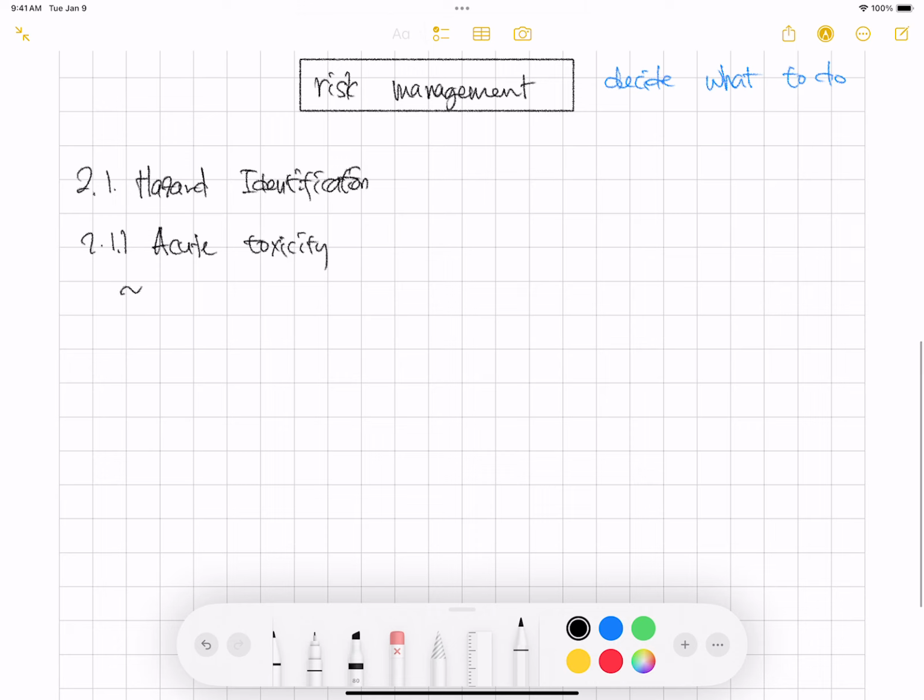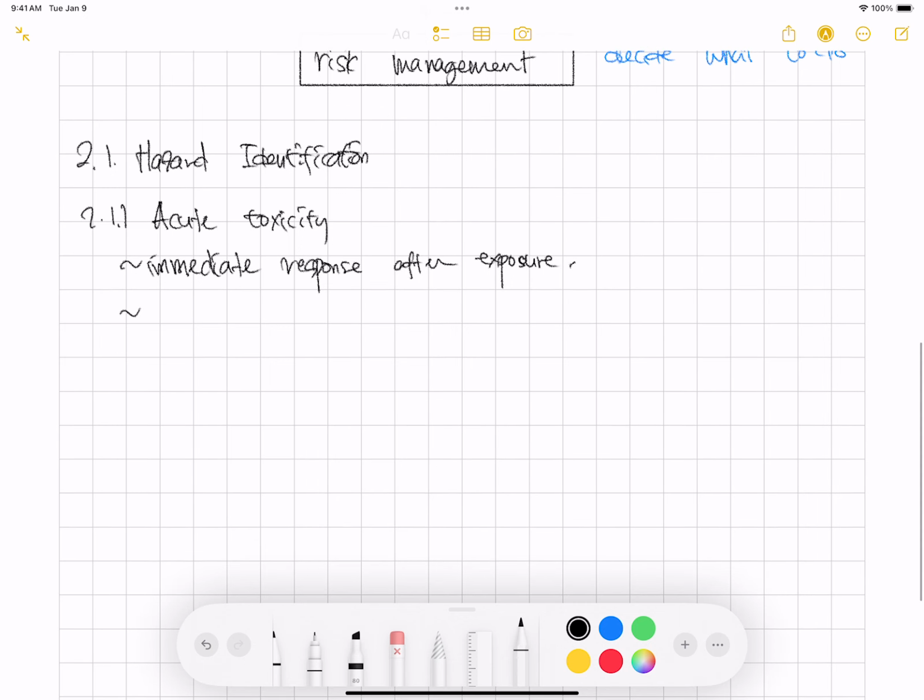Acute toxicity is defined as the toxicity that poses immediate response after exposure. And there is this parameter that we use to compare one toxicant to the other, which is LD50.